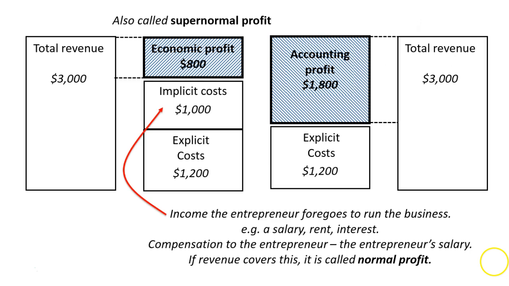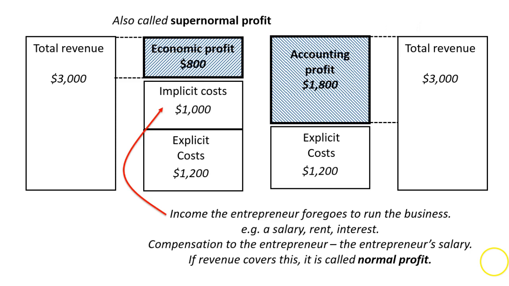Okay. You might say, well, that's all very interesting, but it doesn't really have any impact on whether the entrepreneur is going to run their business or not. In both of these cases, whichever way you slice and dice it, the entrepreneur is still making a profit, whether it's $1,800 accounting profit or $800 economic profit.